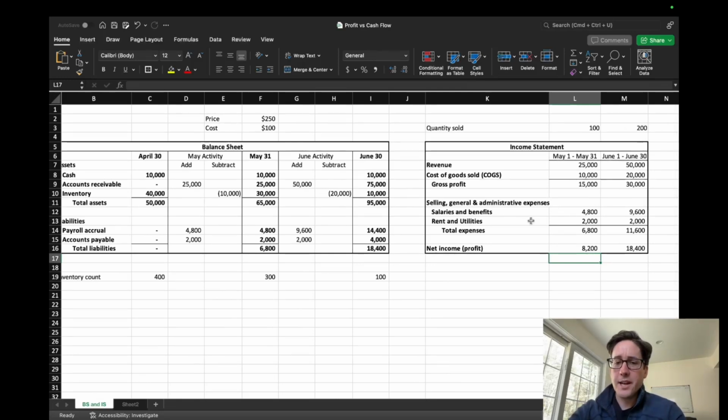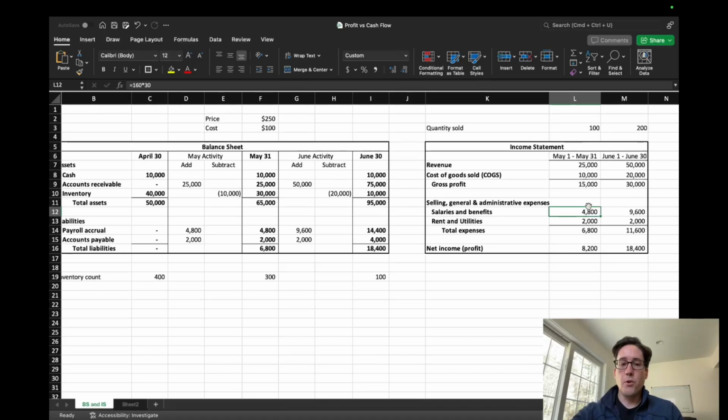Let's just say I run payroll on the first of the month. So I would have run payroll on June 1st. And when I say run payroll, I mean actually printing checks. So this is how much my employee worked, this is what they earned in May, but I didn't actually pay anything in May.